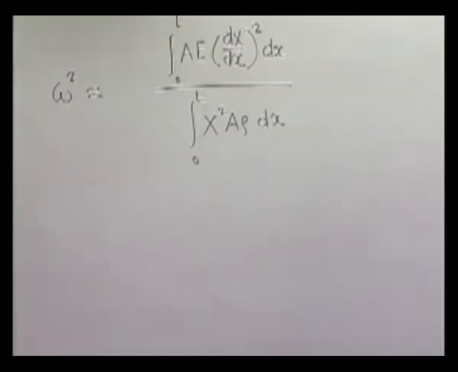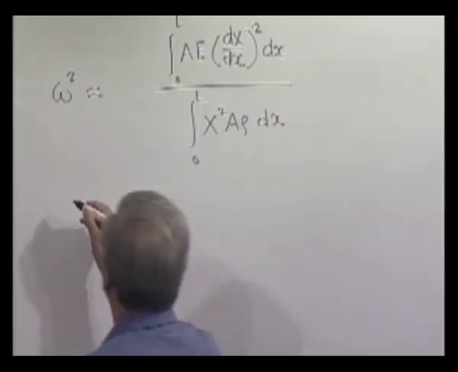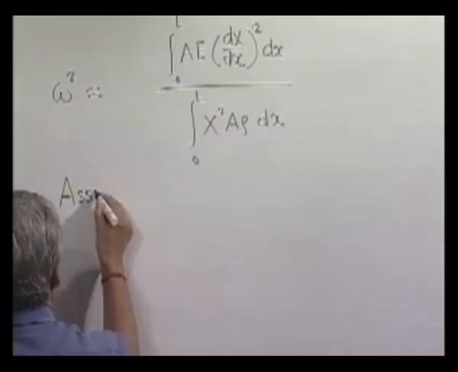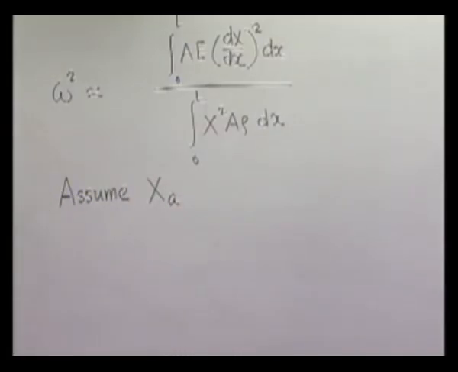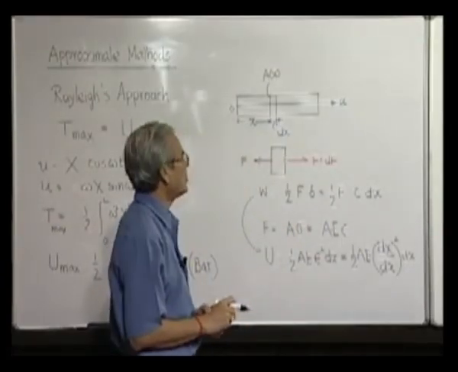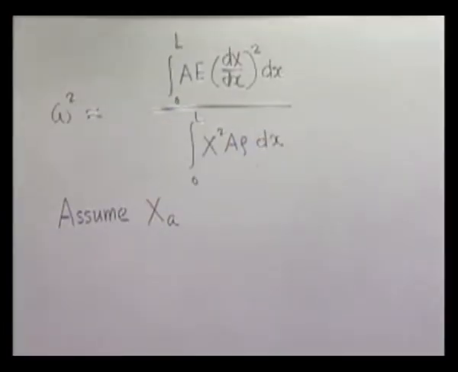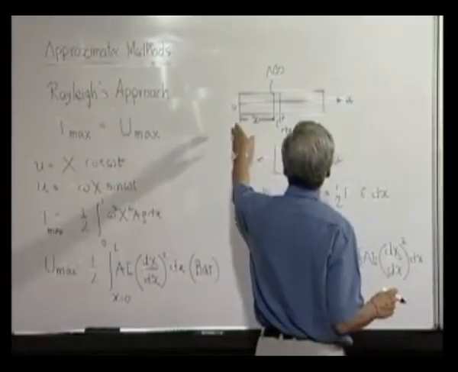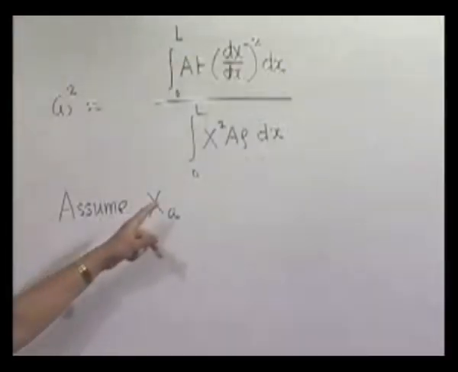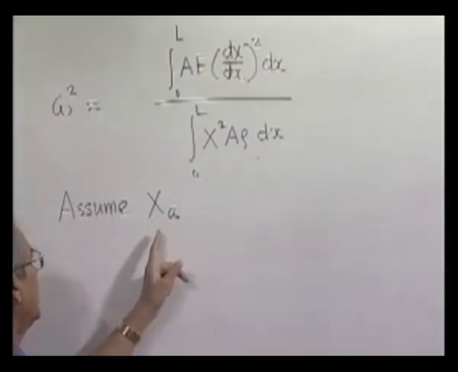So, this is valid exactly, but in reality, when we are talking about an approximate method, this x is not known. So, what we do is assume some mode shape. If we assume a mode shape and substitute it there, we get reasonably accurate values of omega. Only thing, it is better to satisfy as many conditions on x as actually it has to satisfy.